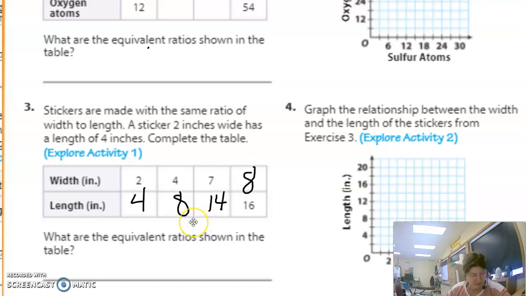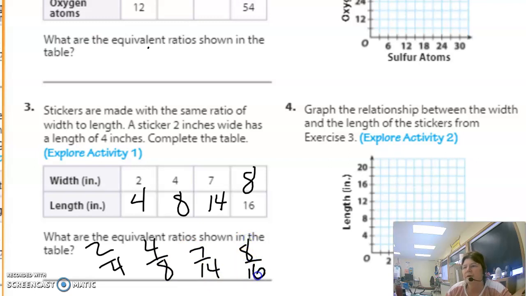What are the equivalent ratios shown? We have 2 over 4. We have 4 over 8. We have 7 over 14. And we have 8 over 16. And those are our equivalent ratios.